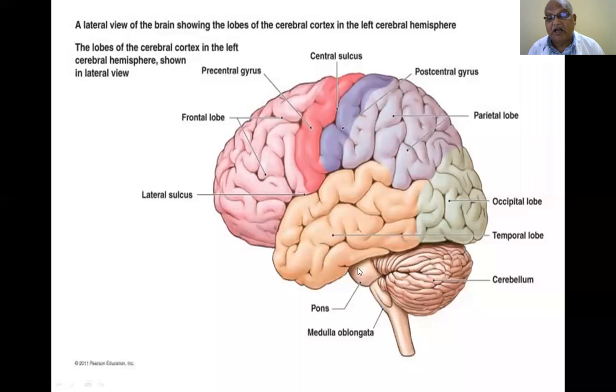There is midbrain also, above the pons, covered by the temporal lobe of the cerebrum. So midbrain, pons, medulla constitute the brainstem. The cerebellum is present behind the brainstem.